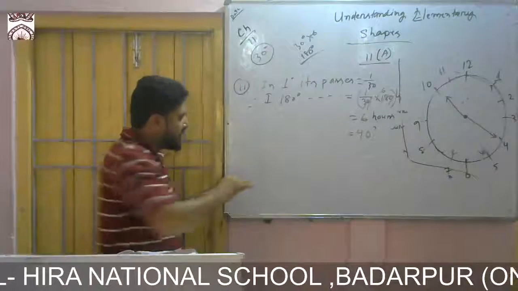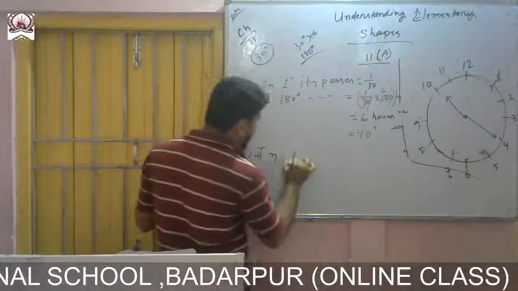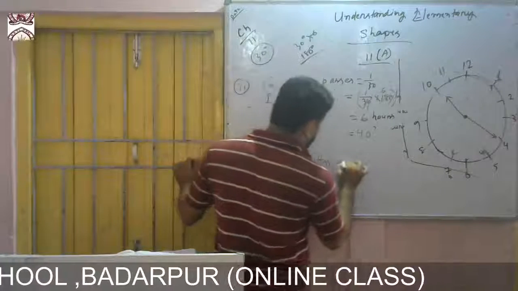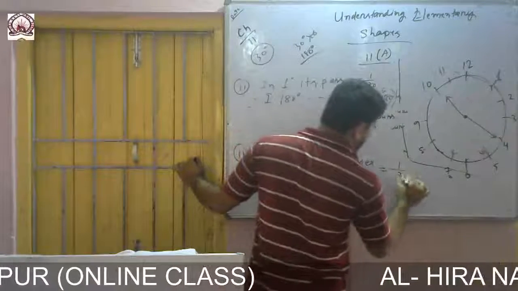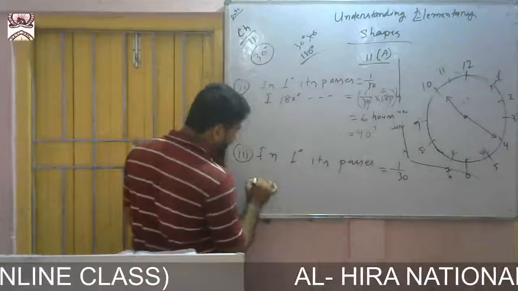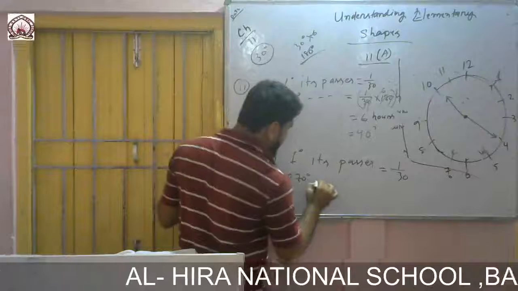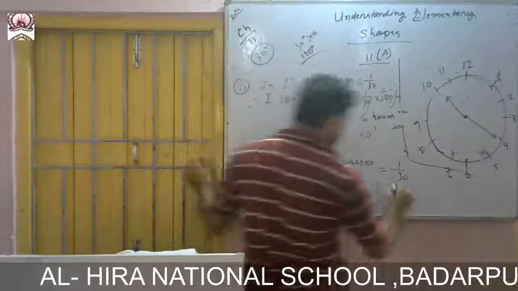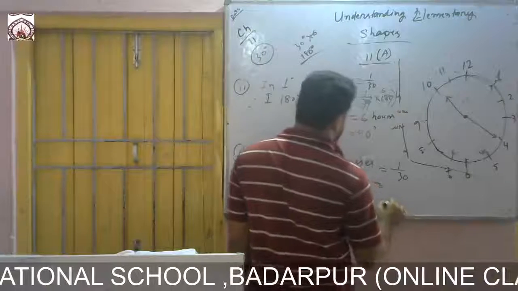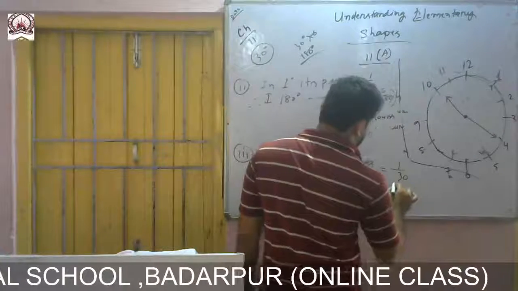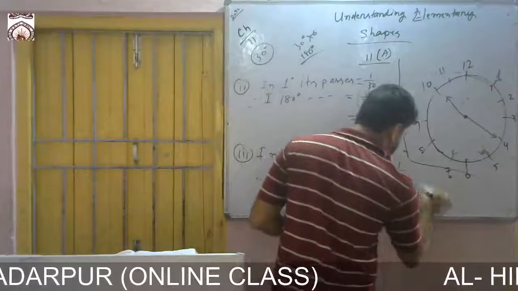Now in question number 3, write again: in 1 degree it passes 1 by 30. Therefore in 270 degree it will pass 1 by 30 into 270 degree.